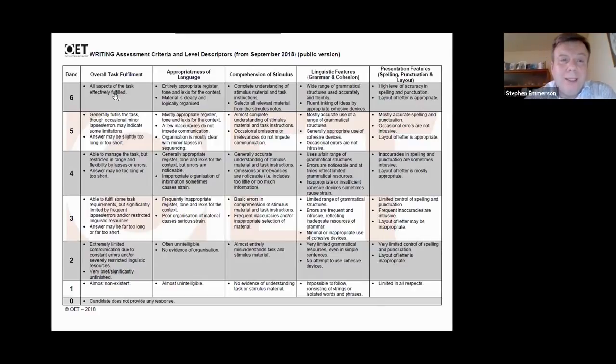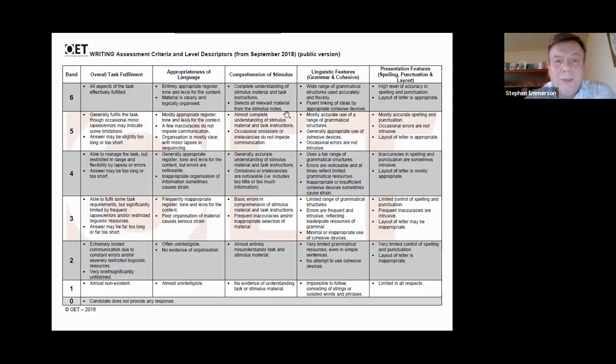And then we've got the big 6. So basically, as you would expect, all aspects of the task effectively fulfilled. Appropriateness of language, entirely appropriate register, tone and lexis for the content. Material is clearly and logically organized. Comprehension of stimulus, complete understanding of stimulus material and task instructions.